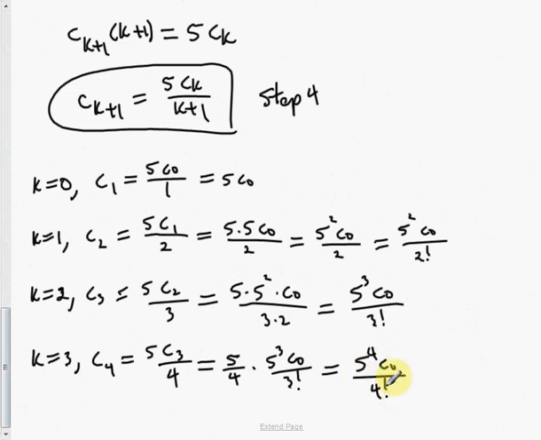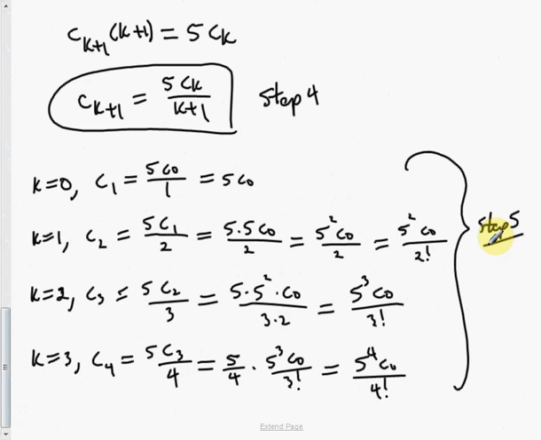So this is step number 6. We have a pattern for this C sub k. So here, solve the coefficients for c sub k. That's step 5. And then you get the pattern.